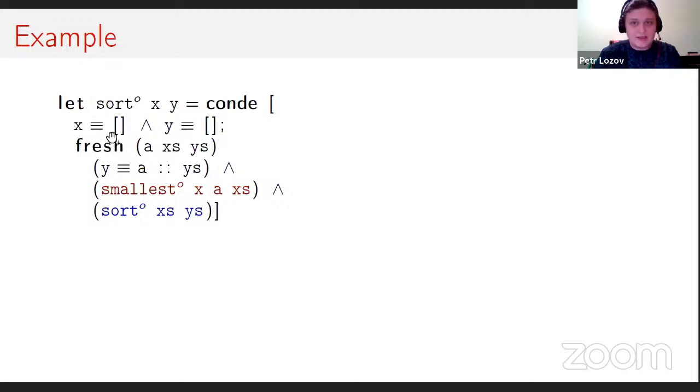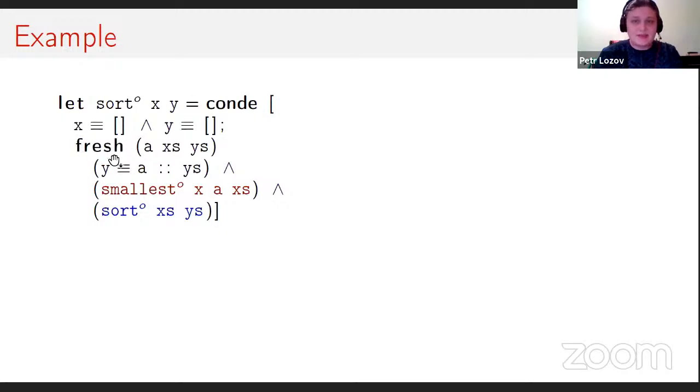In this case, the sorted list is also empty, and we connect both constraints using the operation conjunction. In the second disjunct, we consider a non-empty list. To do this, we need three additional fresh variables, which we introduce using the construct fresh.